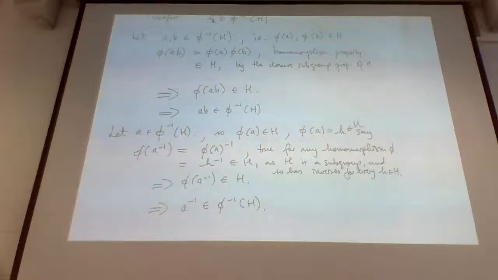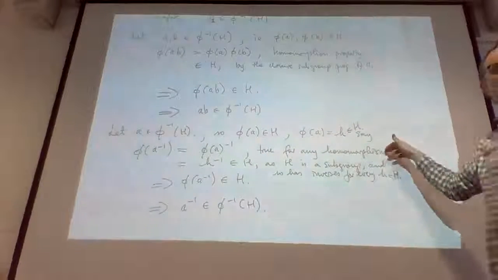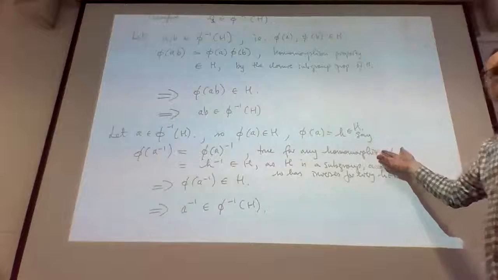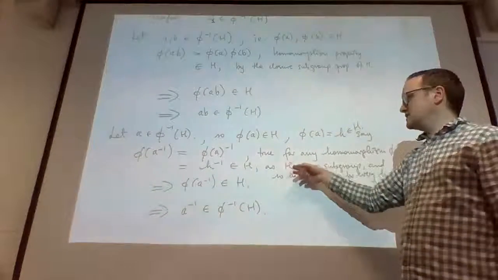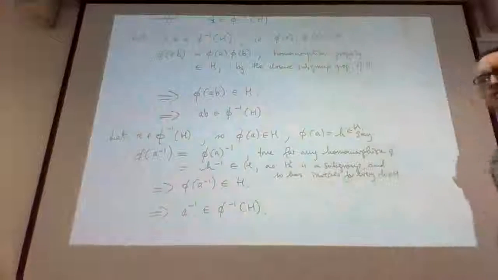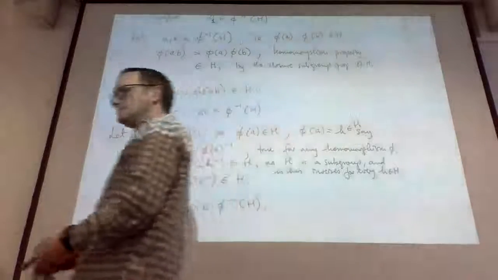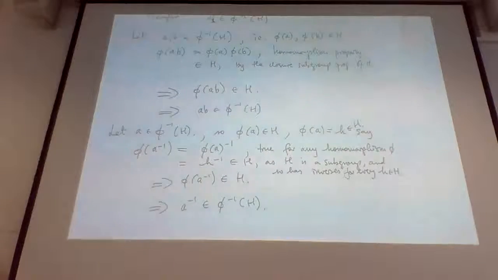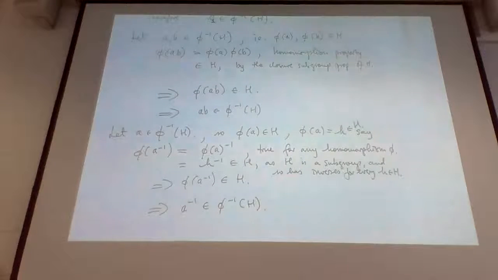So in those arguments, everything is a reference to either a property of the homomorphism, the definition of a homomorphism, or one of the aspects of the subgroup property of H.